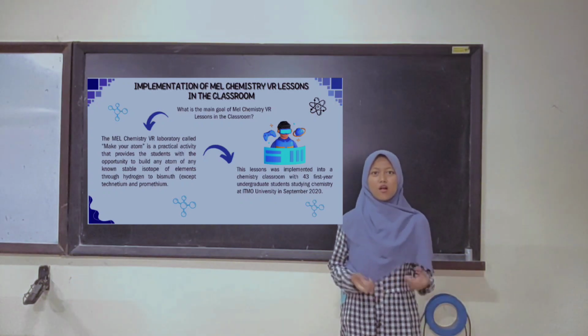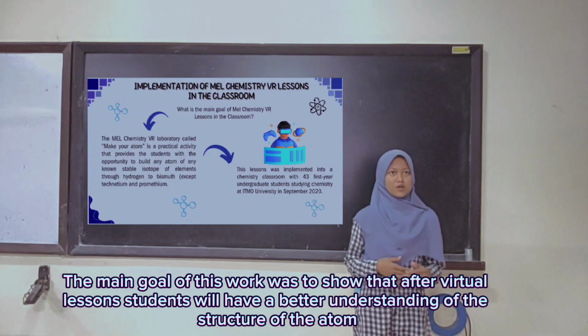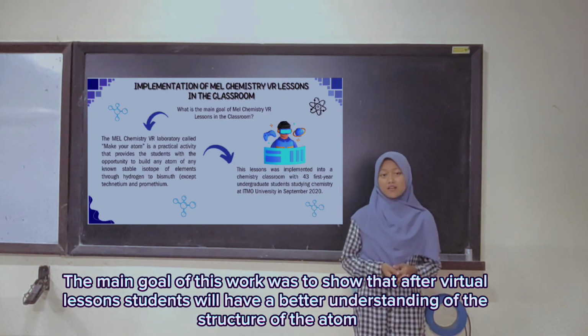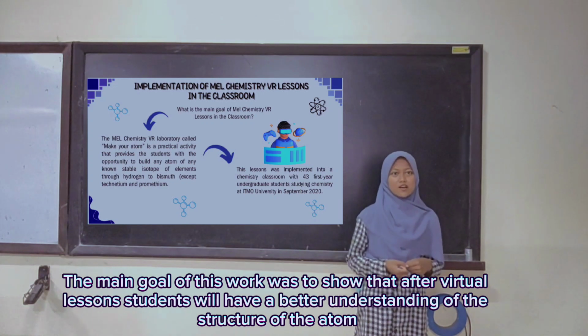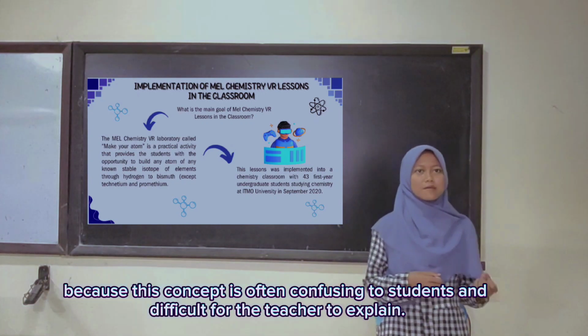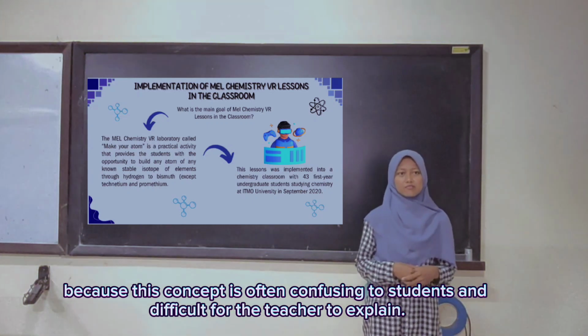What is the main goal of this work? The main goal of this work was to show that after visualization, students will have a better understanding of the structure of the atom, because this concept is often confusing to students and difficult for the teacher to explain.